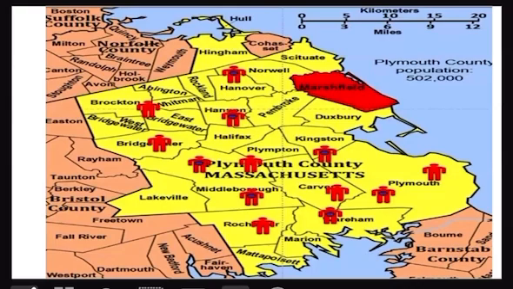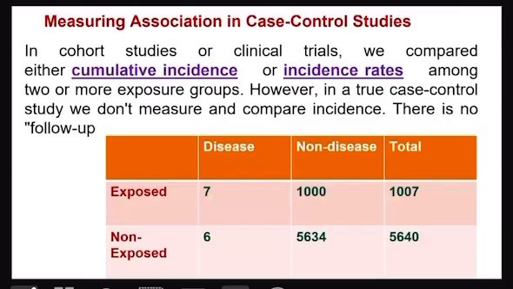Now take a look at this. Let's say I actually sampled 1007 here, those who are exposed and not exposed, and because I'm conducting a case control, probably focusing on disease.